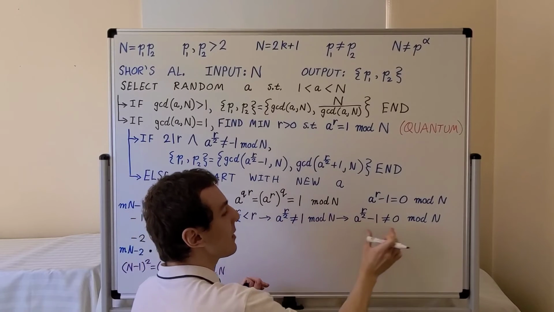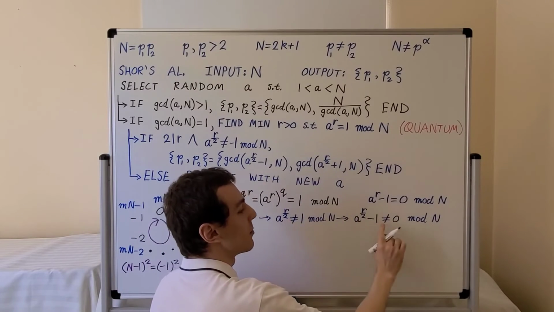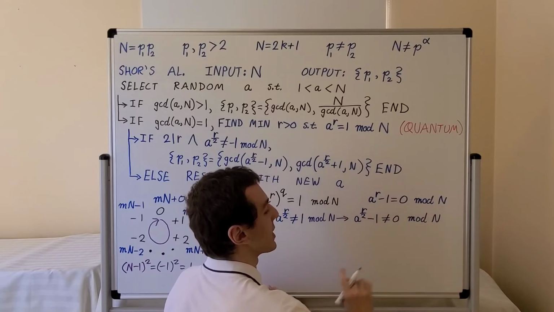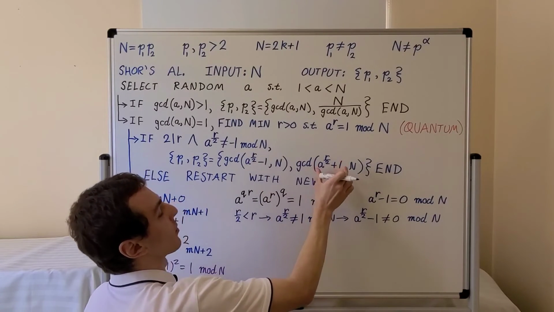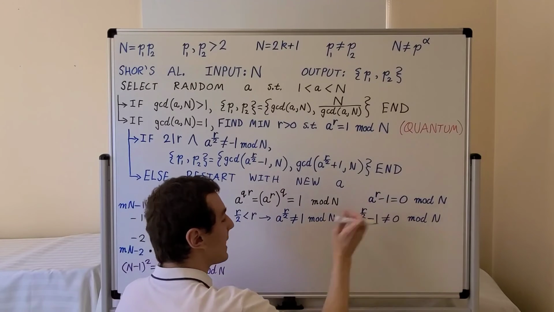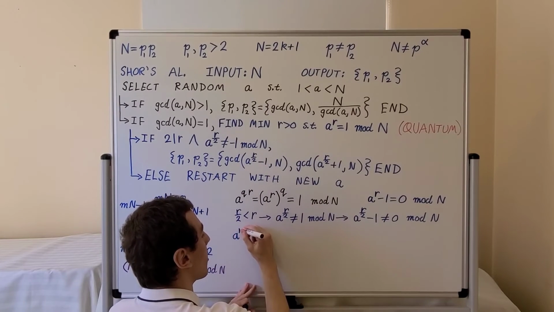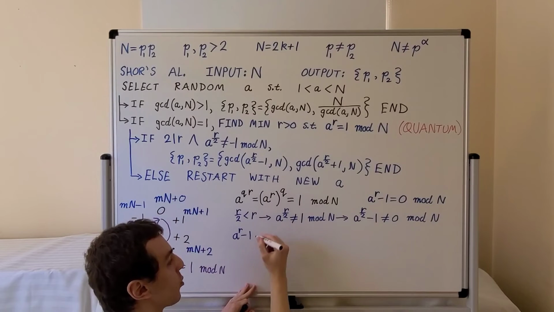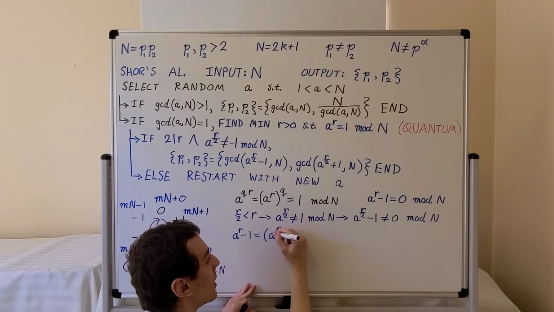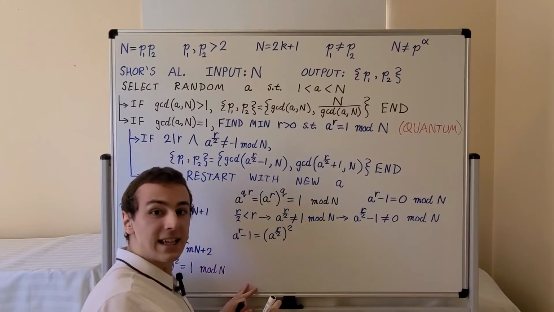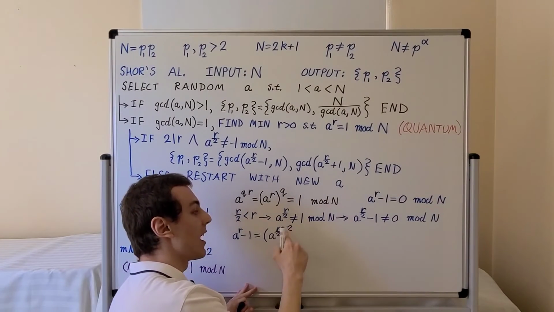And we can just manipulate that relationship by subtracting 1 from both sides, and that gives us this relationship. Now, let's see where these factors are coming from over here. So let's take a to the r minus 1. We can rewrite that as a to the r/2 squared. You can see that this square cancels with this half.